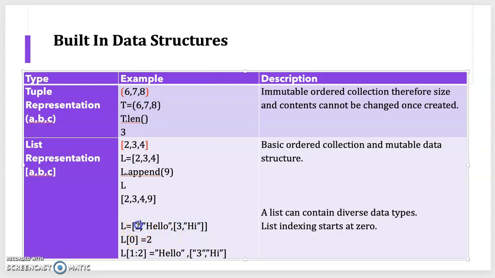In order to access the first element, you use 0. So 0, 2: here you actually reassign, but it is still the same value. And here you can use slicing. So then we have 1 and 2. Index 1 refers to hello, and index 2 will be another list. So that's the tuple and the list.